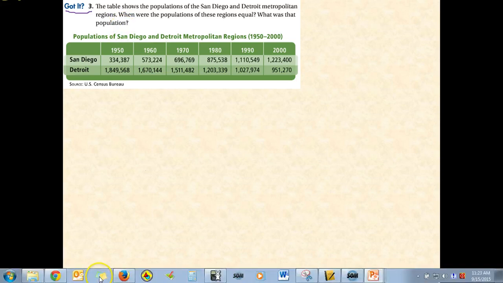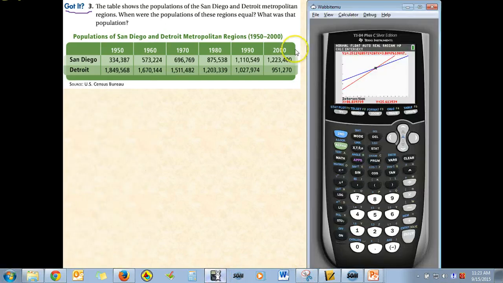Alright, so I'm going to bring up my calculator. And I'm going to hit 4 to clear my lists. And if you look, I'm using the same years here, so I don't want to clear my list 1. I just want to clear my list 2 and my list 3.